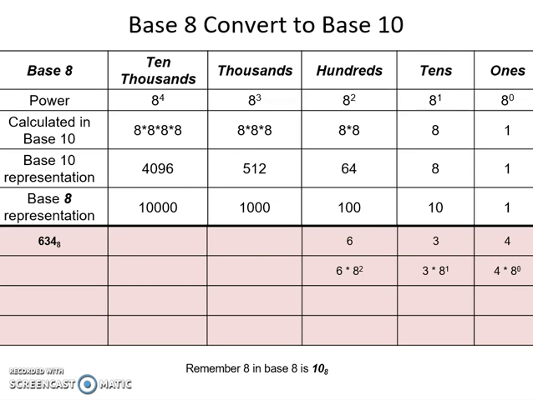So let's take a look at converting in base 8. So we have 634 base 8. Expanded, we have 6 times 8 squared, or 6 times 64, 3 times 8, and 4 times 1. So that's 384, 24, and 4.